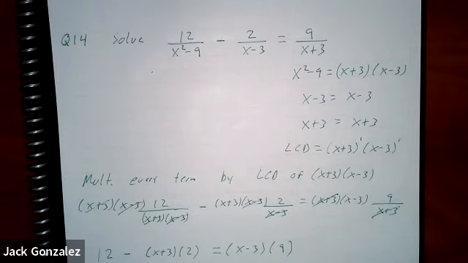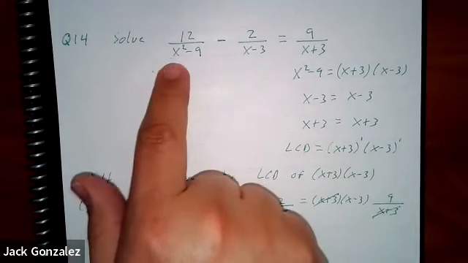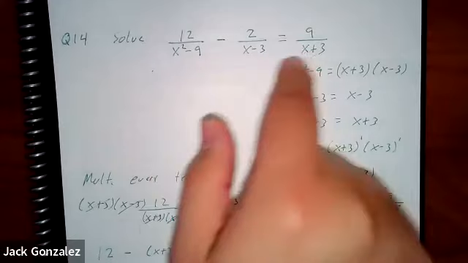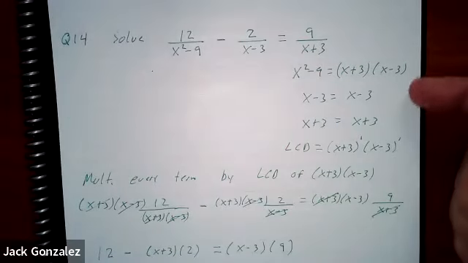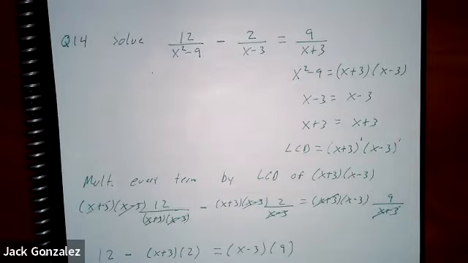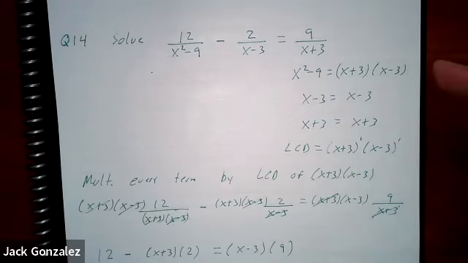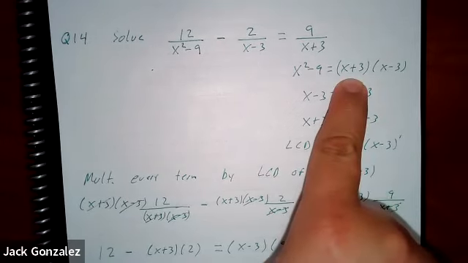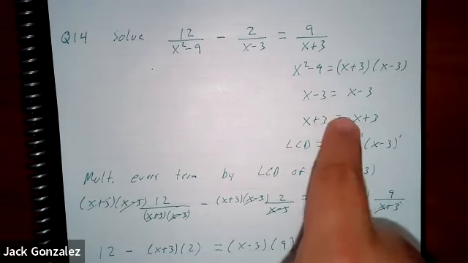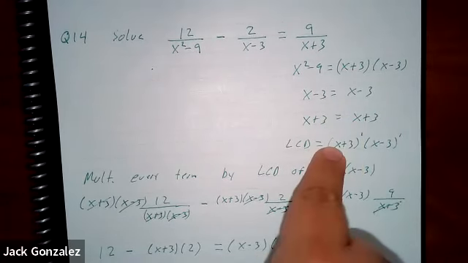If they're all prime, then it's easy. It's just going to be a product of all 3 or 2 or whatever. If the denominators factor, then it gets harder, but the process is the same. You just count: start with x plus 3. I only see 1 and 1, so I only put 1 here.